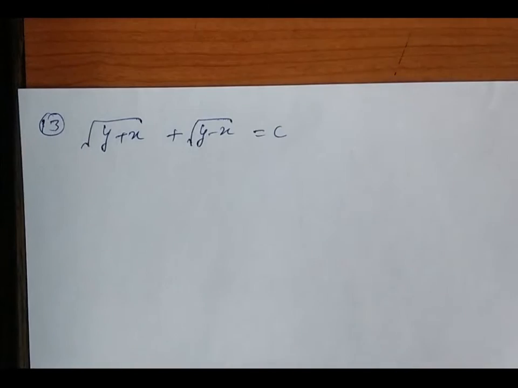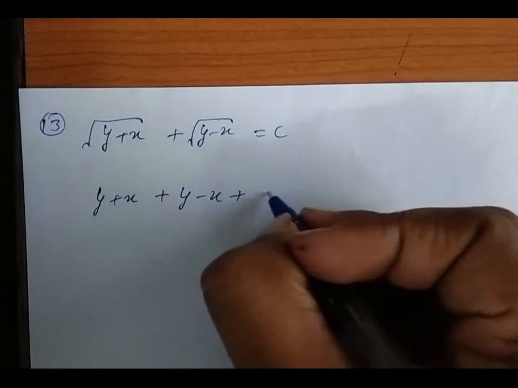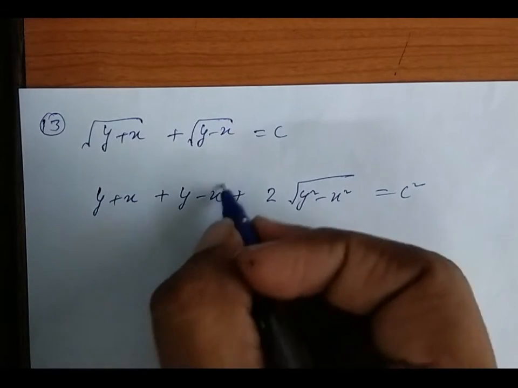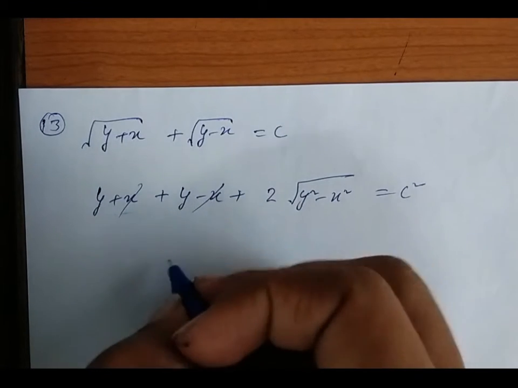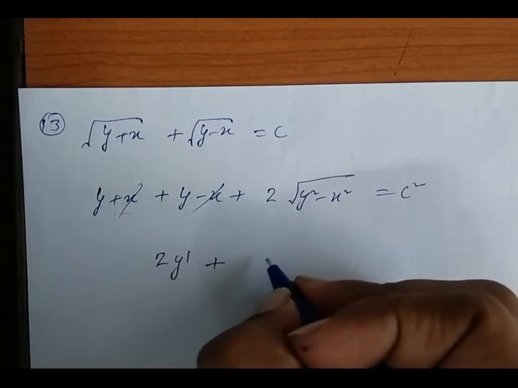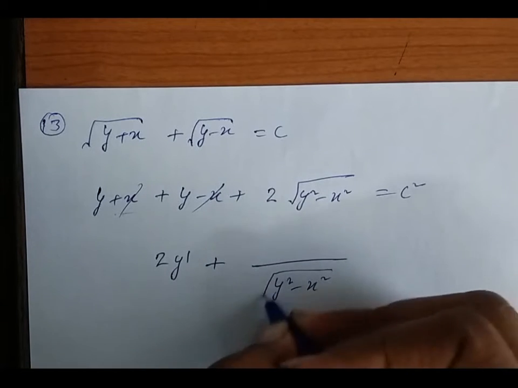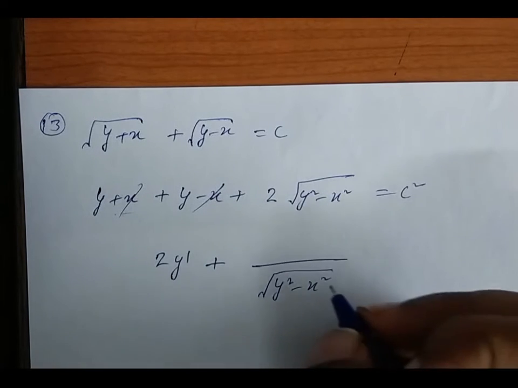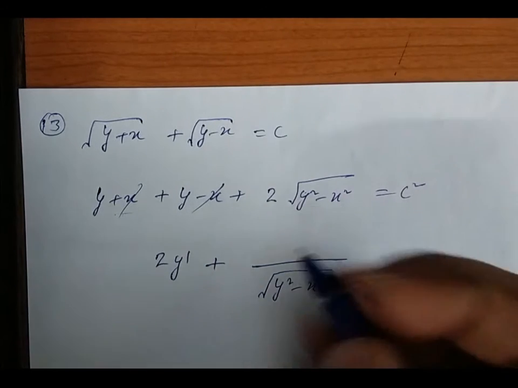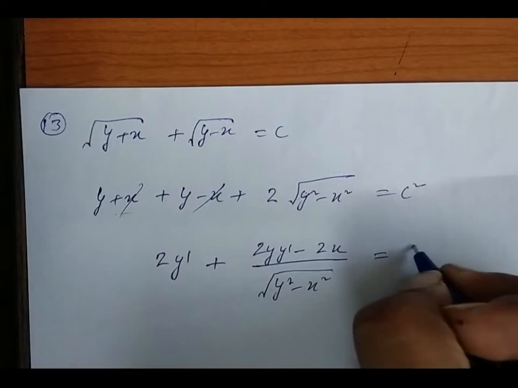So first square both sides, so we get y plus x plus y minus x plus twice the square root of (y square minus x square) is equal to c square. Now differentiate. So differentiation of 2y would be 2y' plus the differentiation of the square root of (y square minus x square), and differentiation of the inside would be 2y y' minus 2x is equal to 0.